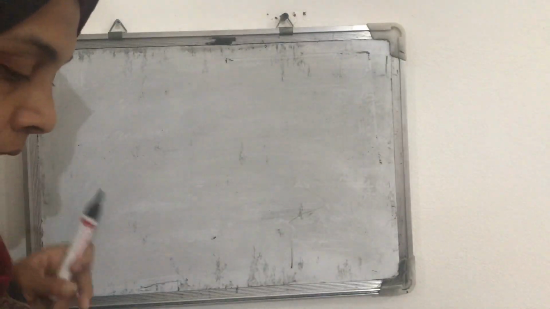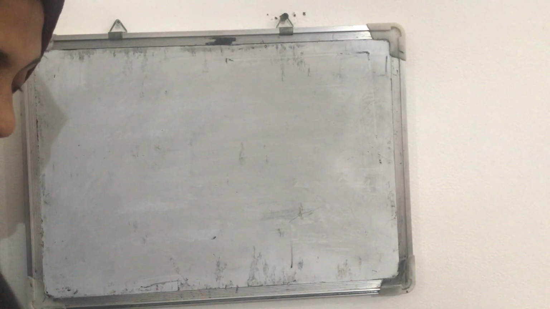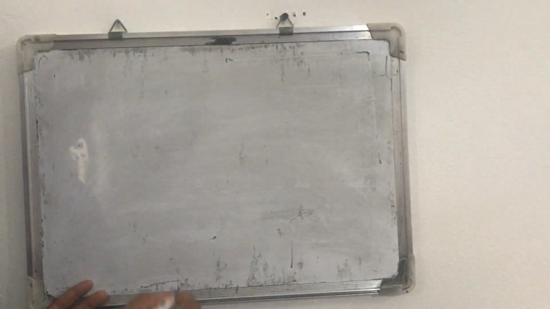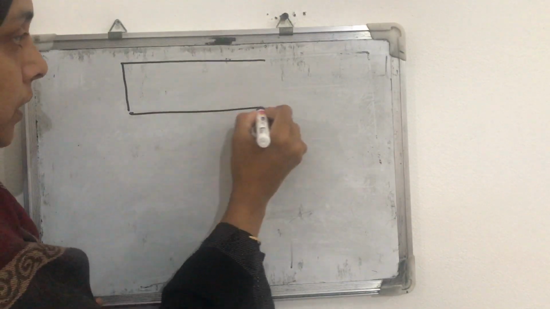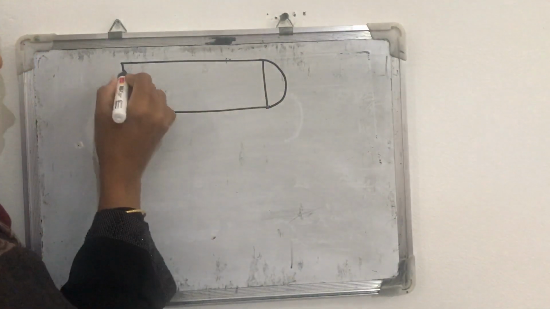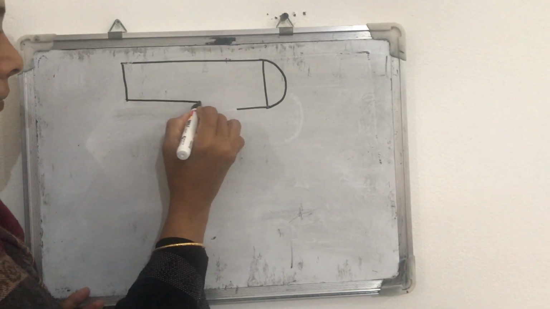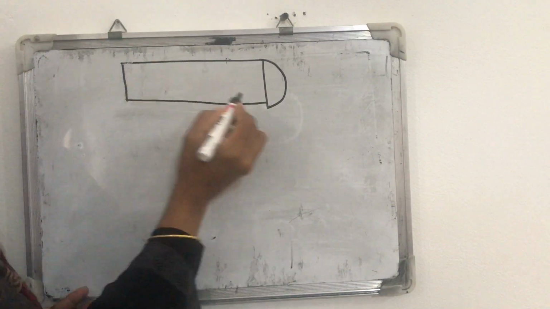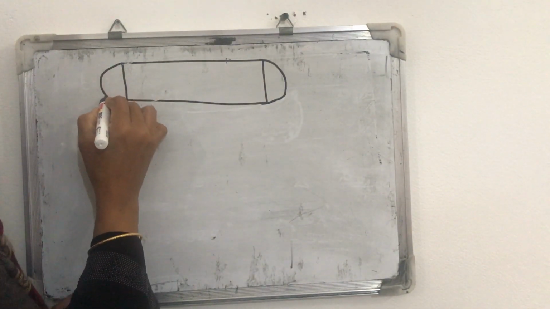Next question: the shape of a garden is rectangular in the middle and semicircular at the ends, as shown in the figure. A garden is given in this shape like this, and on the two sides have this shape.